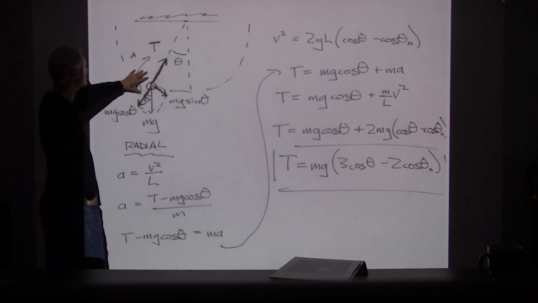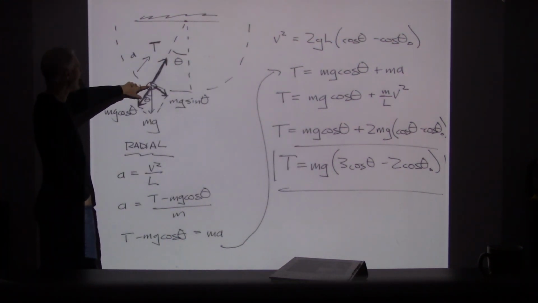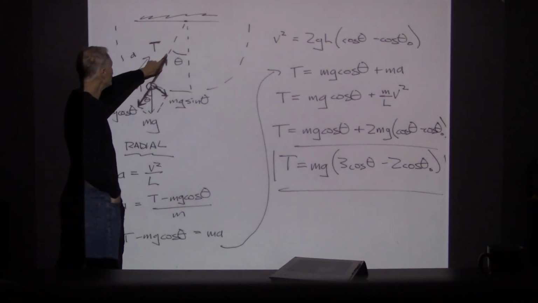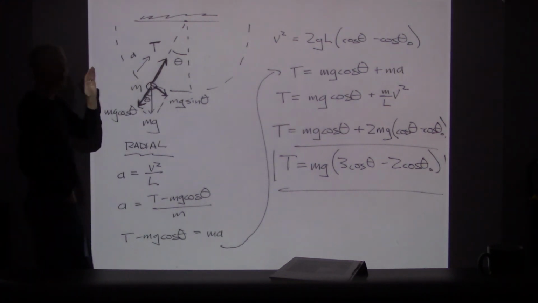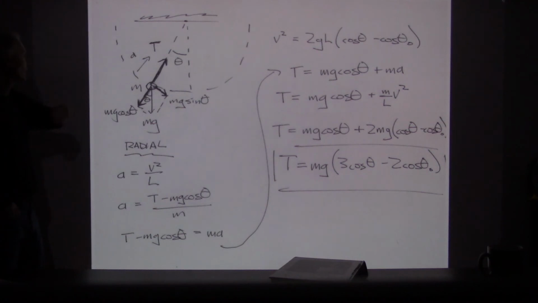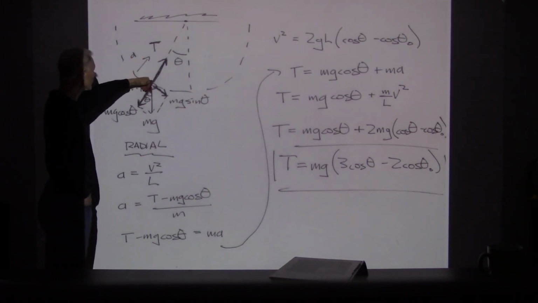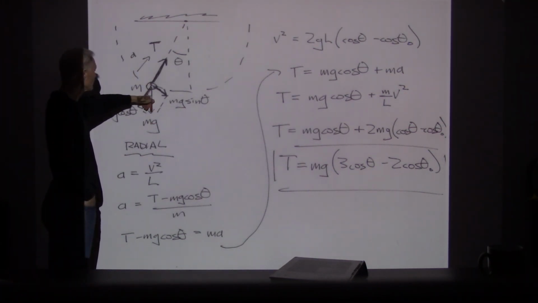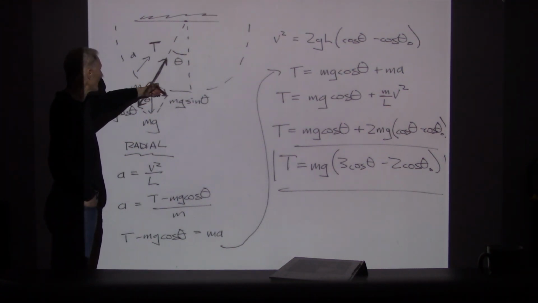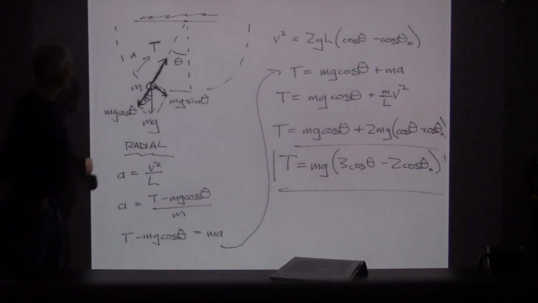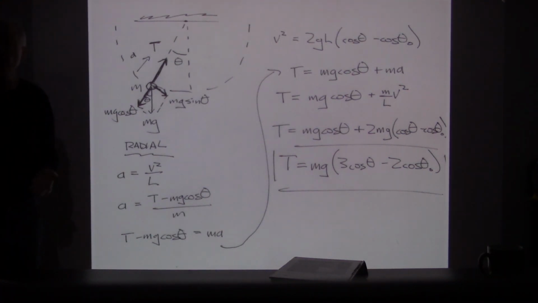So here is the force diagram acting on that pendulum bob. There's a tension in the string. Now the tension is going to line up with the direction of the string. And then the only other force is gravity. It's going to be most convenient to divide gravity into sine theta and cosine theta components like we've done before.